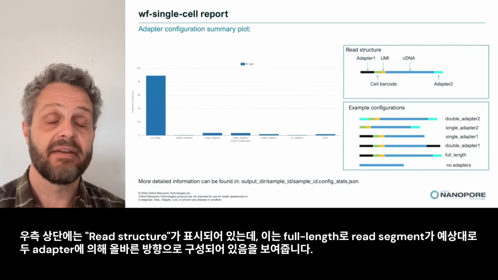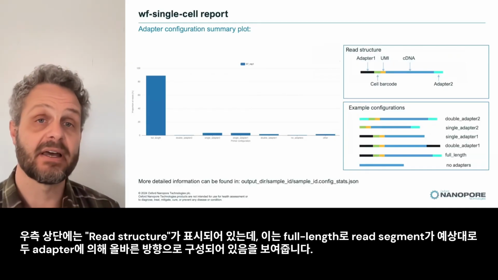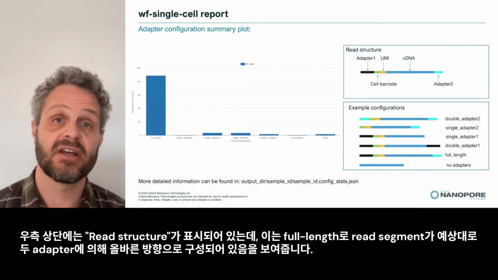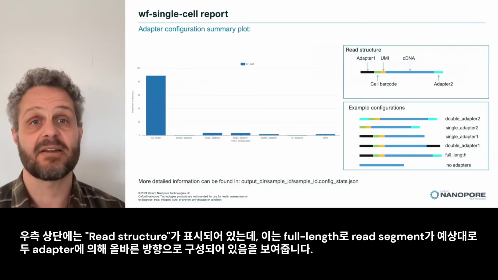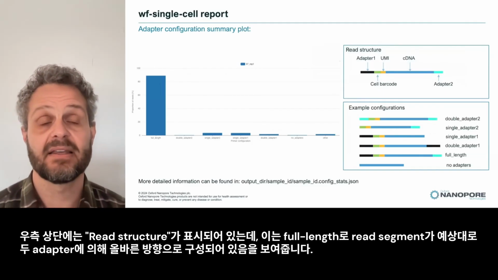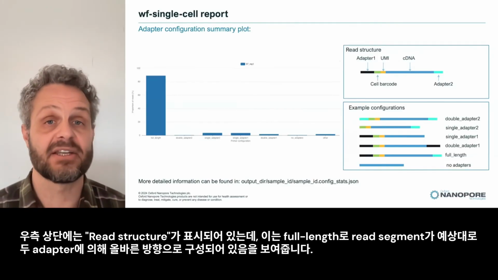In the top right box, we see a labeled read structure, and this one would be a full length read. It's a read segment which is flanked by the 2 expected adapters in the expected orientation.